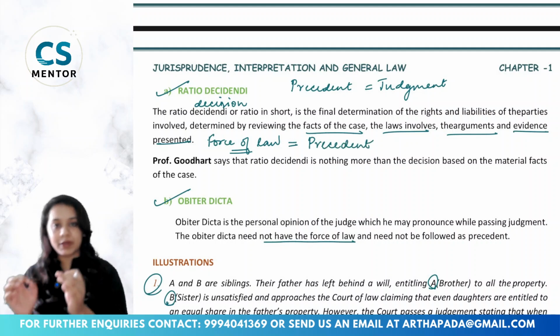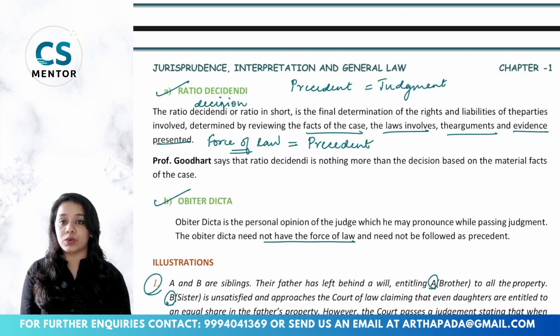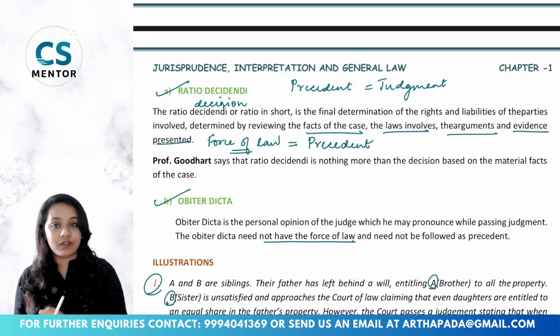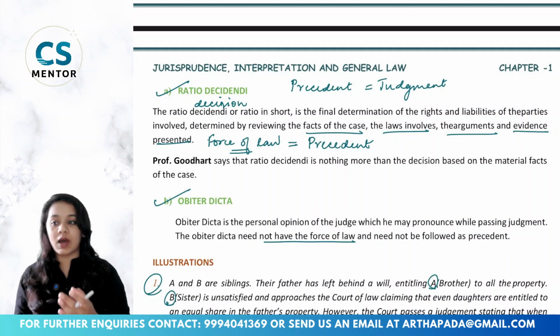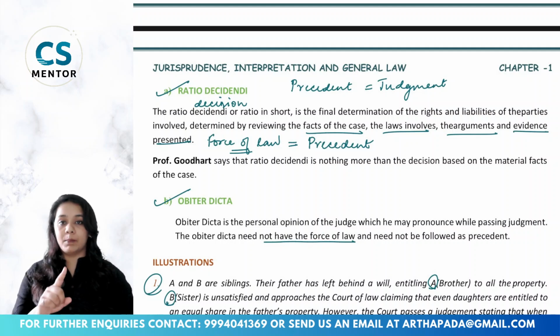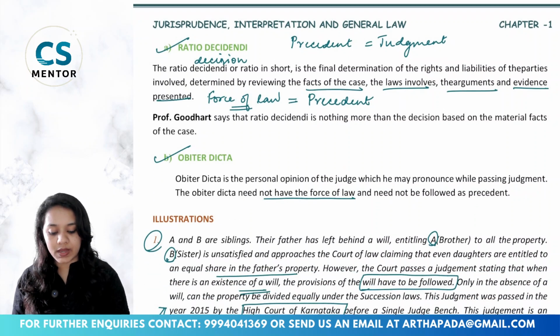So, yes, a precedent is the judgment of the court, but which judgment of the court has to be considered? After he has reviewed the facts of the case, after he has considered the law, the arguments, the evidence, and then arrived at a decision. But what if, alongside all of this, he goes ahead and gives a personal opinion?